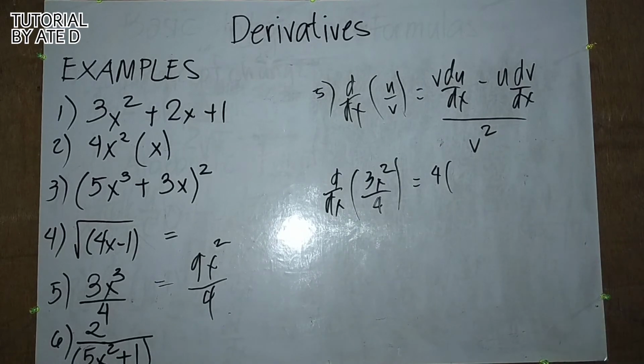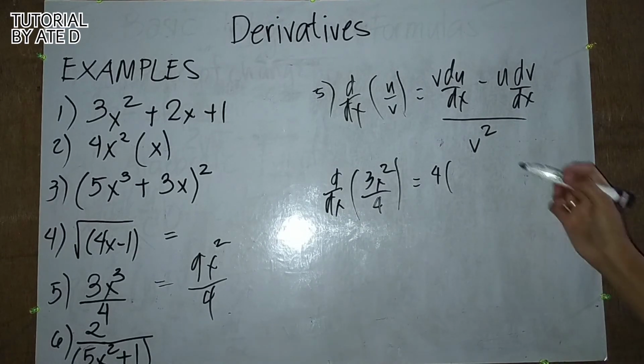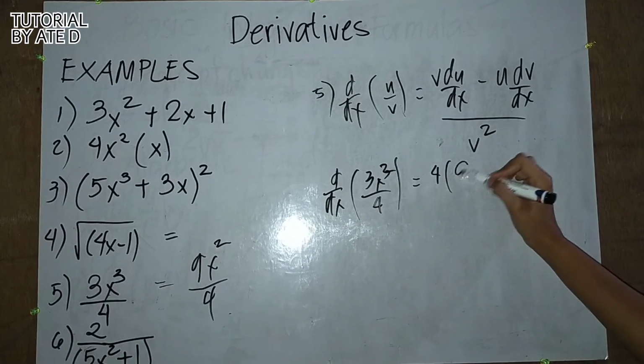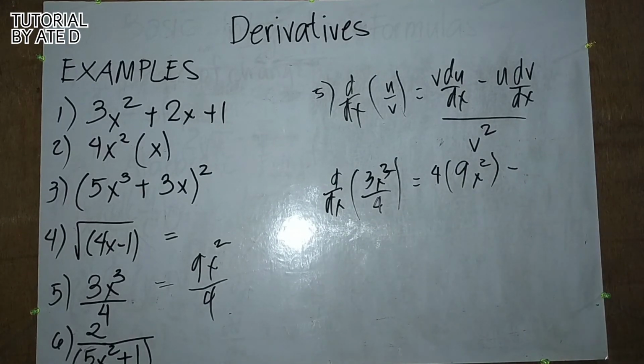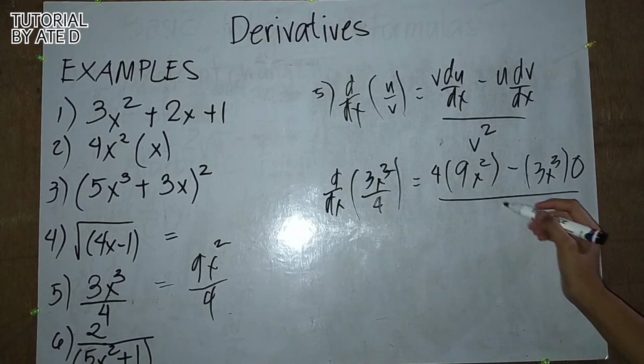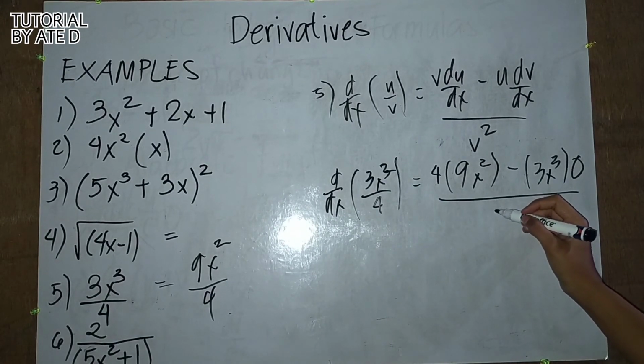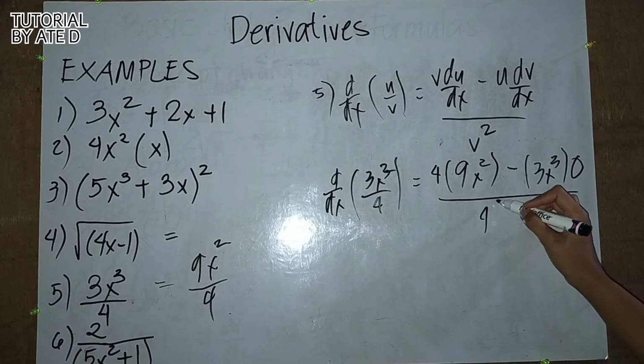Tapos, i-multiply yung derivative of the numerator, which is 9x squared, minus, kopyahin yung numerator, 3x cubed. Tapos, i-multiply yung derivative of the denominator, which is 0. Tapos, i-divide sa square of the denominator, which is 16.